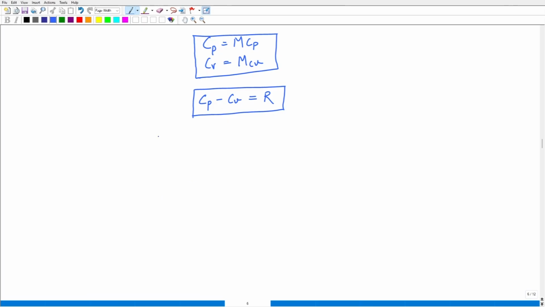So let's do one question. For oxygen, find out the value of Cp minus Cv.